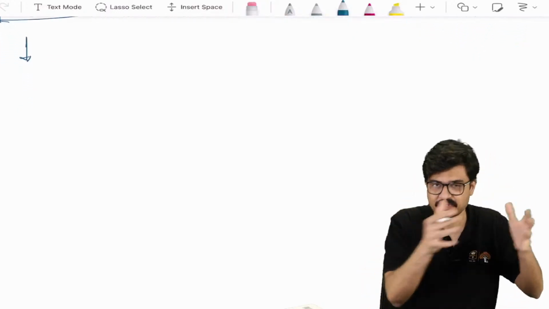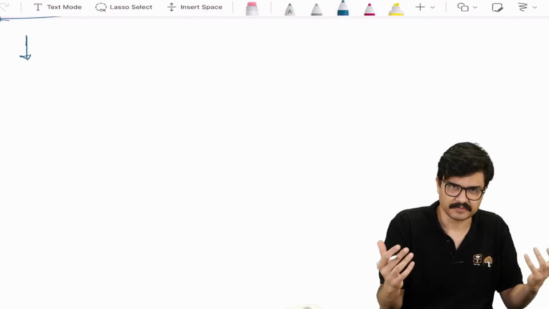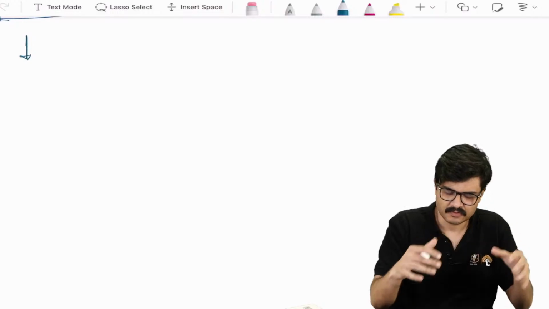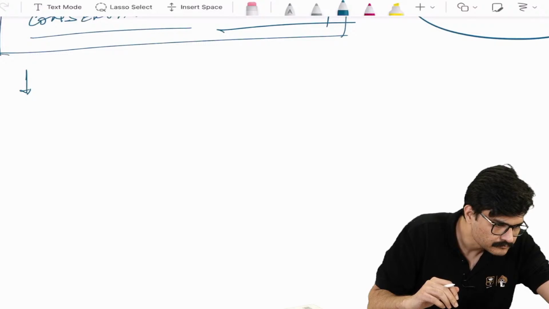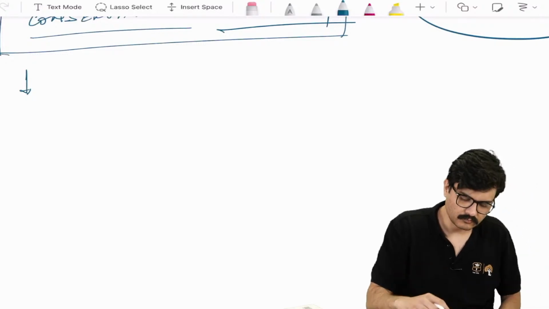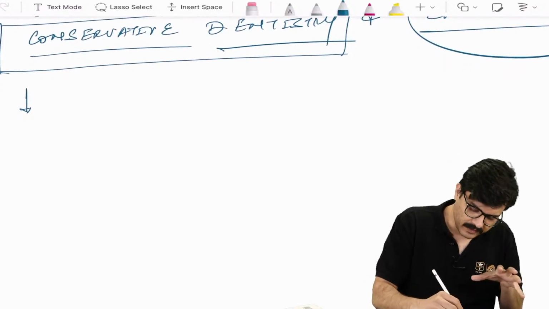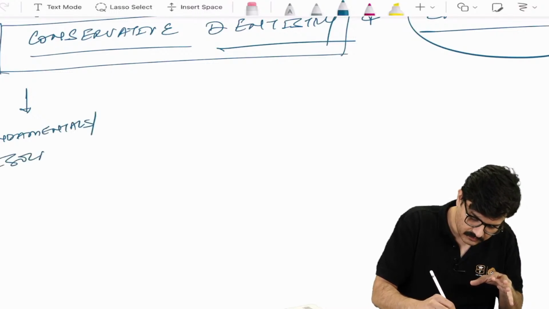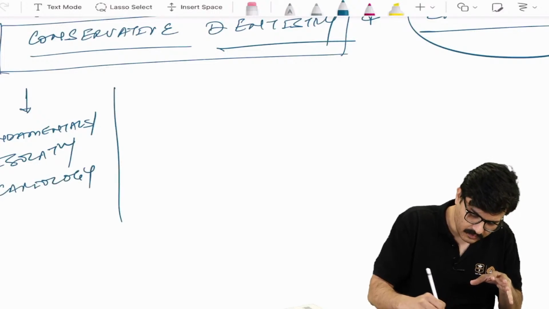If I analyze the previous years' INI paper especially, and of course the NEET paper as well, they're interlinked. The examiners who make these papers are more or less common. So if I see the conservative paper: fundamentals of tooth prep, isolation, karyology, that is all on one hand.